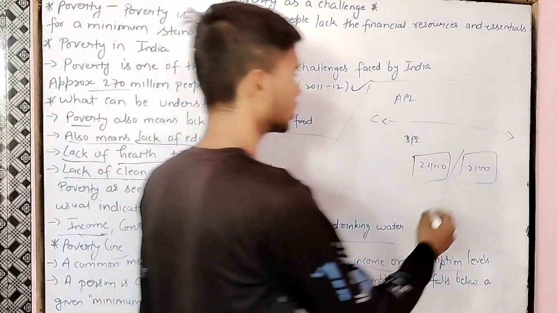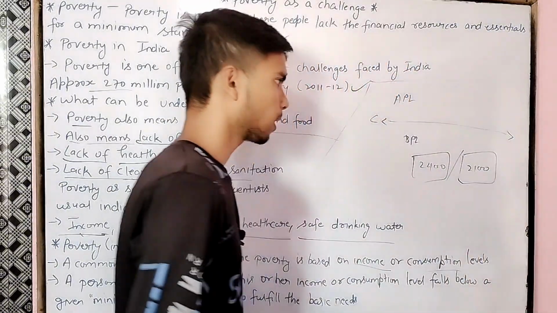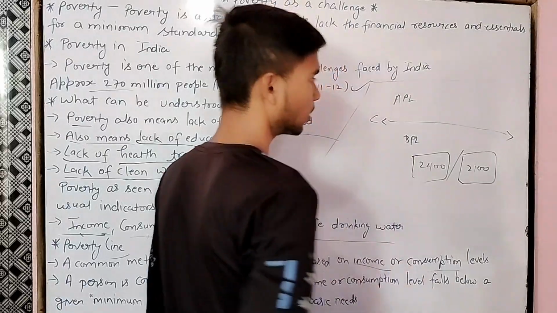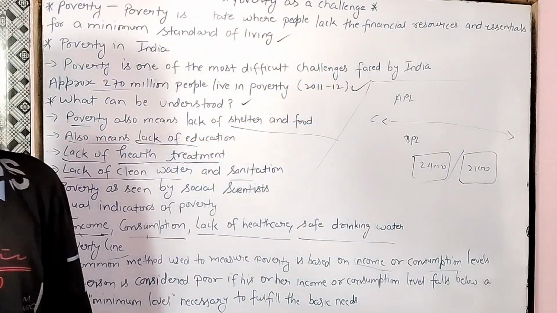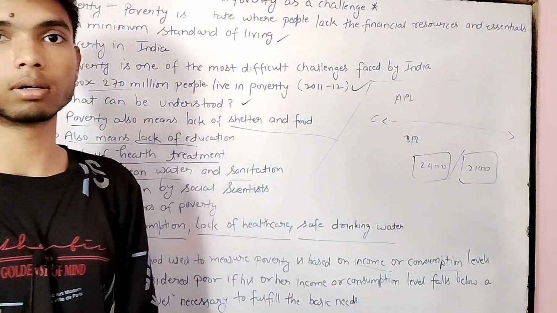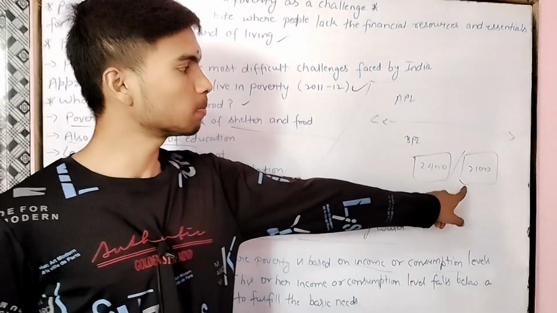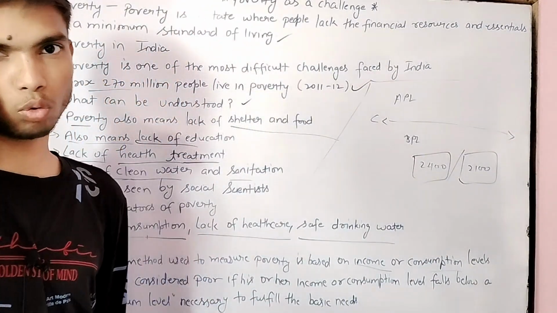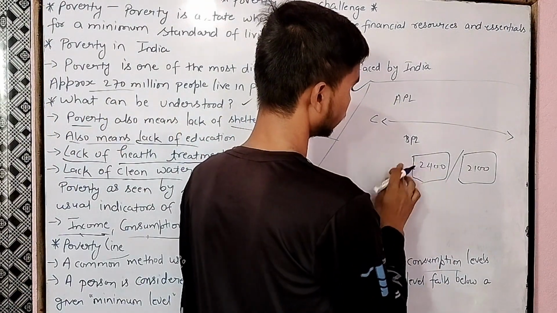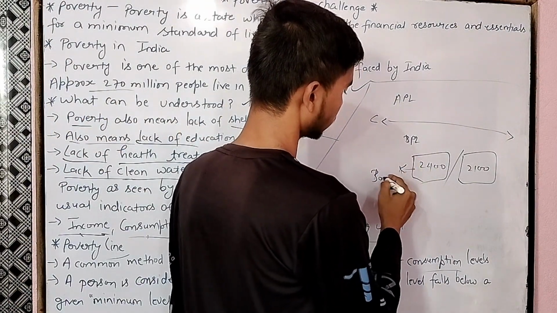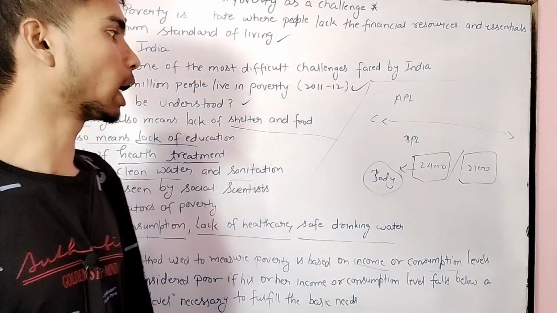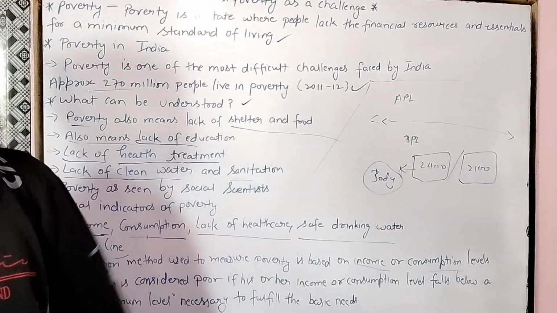So what is the difference? These people do less hard work compared to rural areas. Urban people work through the mind, and rural people work through the physical body. So obviously rural people need more calories compared to urban people.